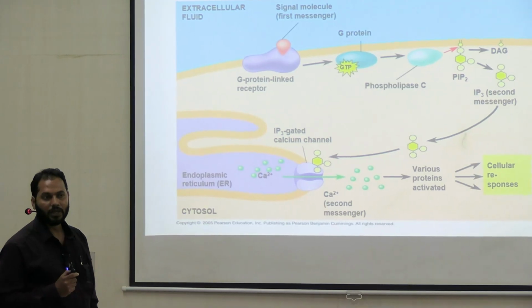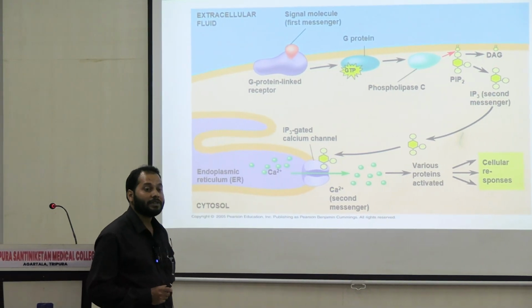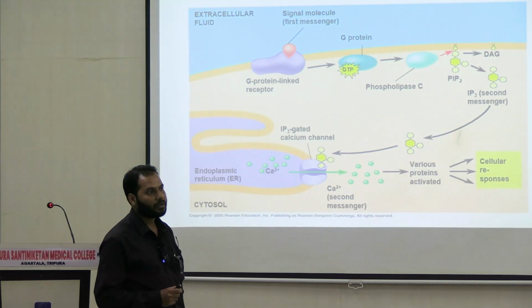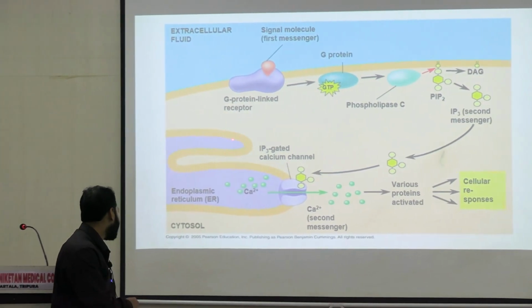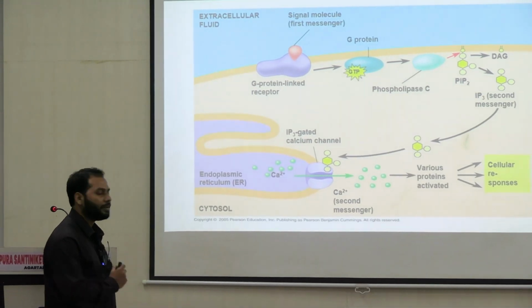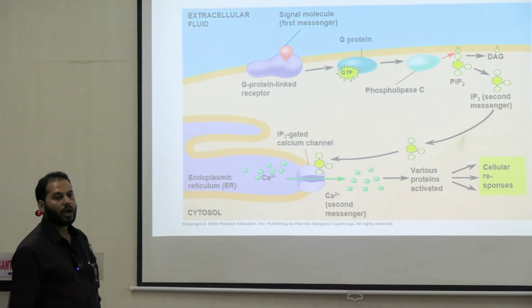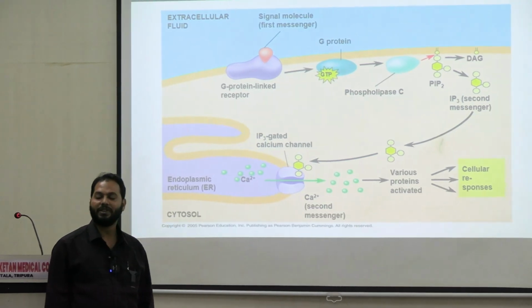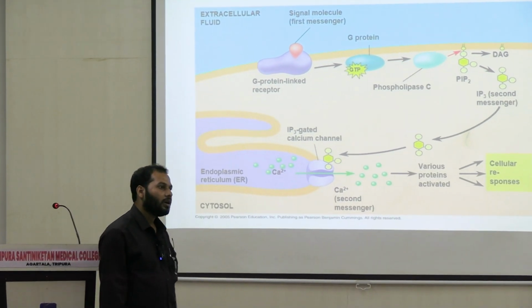Inositol triphosphate is a second messenger. For this second messenger, there is a specific site where it can bind, right? So what is the location of that? You can see this is the endoplasmic reticular membrane, right? Here in this membrane there is a specific ion channel, that is the calcium ion channel.